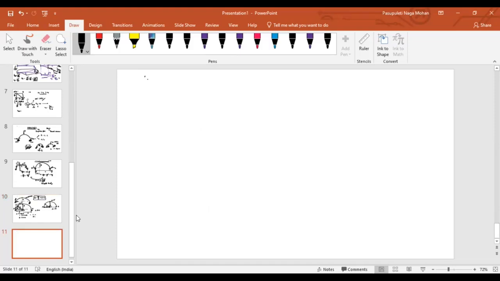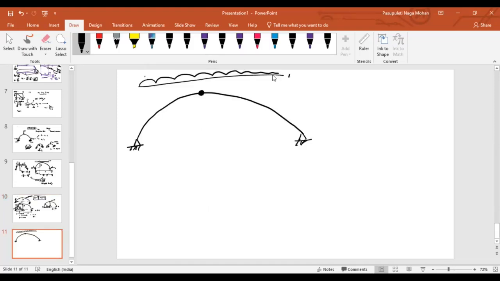Now, let us take a simple example. Load is W, or let us say 10 kilonewton per meter. And let us say the peak is 3 meter. The length is 5 meter and 5 meter. I think you can tell me the support reactions right quickly.